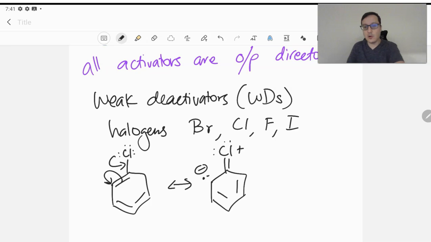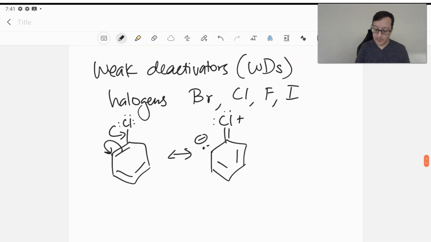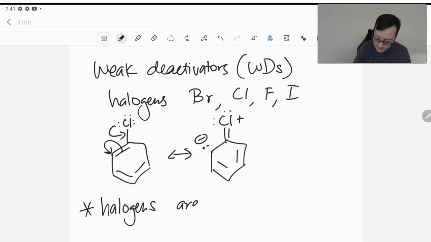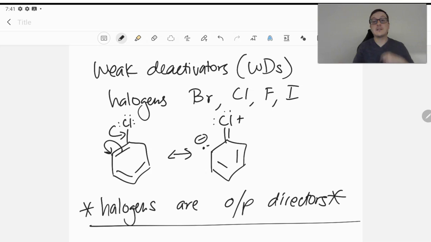So they are still ortho-para directors, but they are actually deactivating overall towards the ring because they are so inductive. So even though they are capable of resonance, typically they still deactivate the ring. They make it less reactive overall. And so halogens are ortho-para directors. So even though they are deactivating, they are still ortho-para directors because they can resonate.